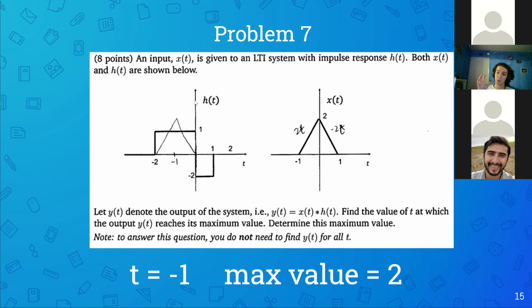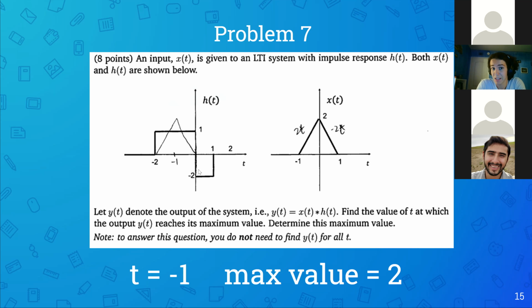But the idea there is that you then figure out what the area is. Let me first start with what that would do. If we multiplied this x of t by h of t where it is, well, that's essentially just multiplying it by 1 at that point.